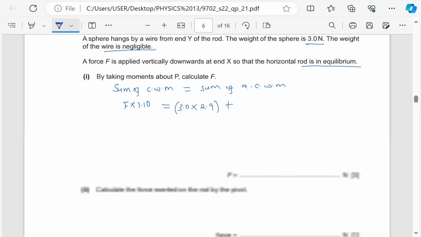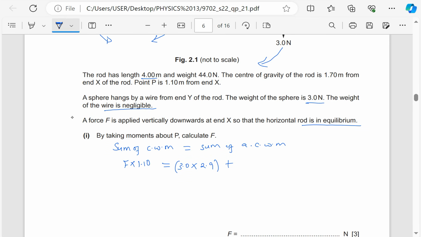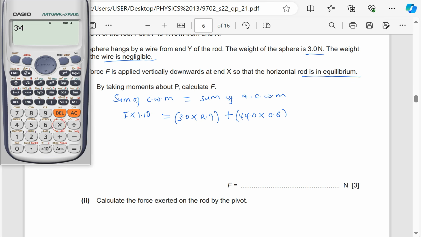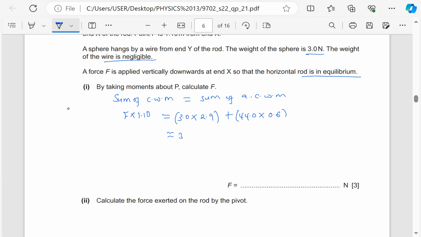So I'll press my calculator: 3 times 2.9 plus 44 times 0.6, divided by 1.1. This is giving me 31.909090, so it is approximately 32 newtons.